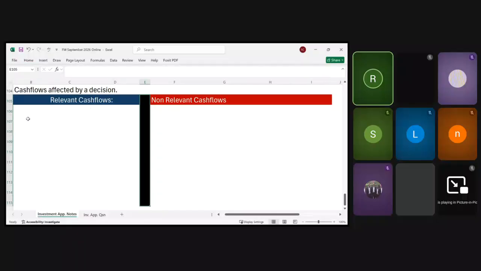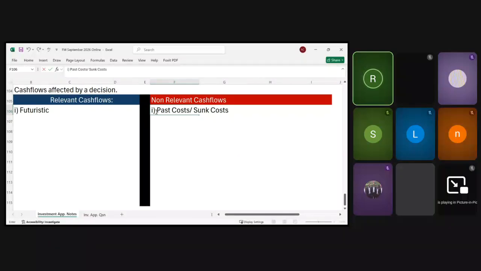So for a cash flow to be relevant, it has to be futuristic. So a futuristic cash flow is relevant. Anything that is past, so past costs, we call them sunk costs.